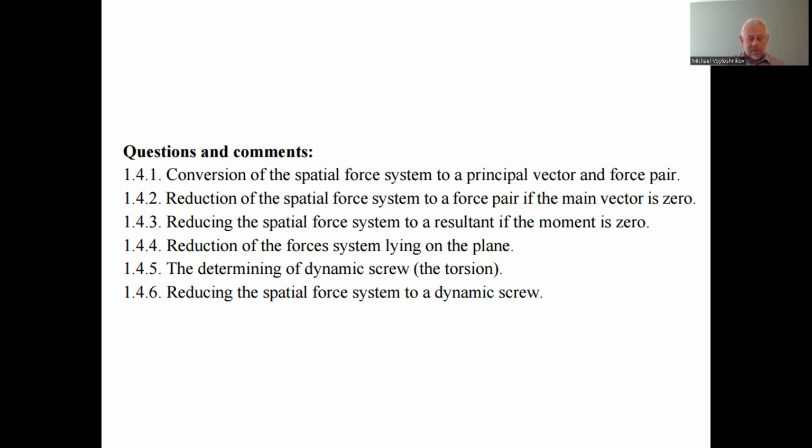Finally only two efforts remain: the resultant force put at another point, and the component of the assigned main moment parallel to the assigned main force. Thank you.